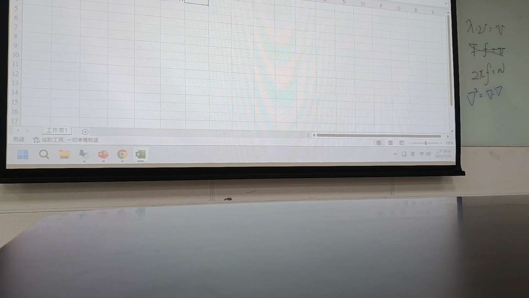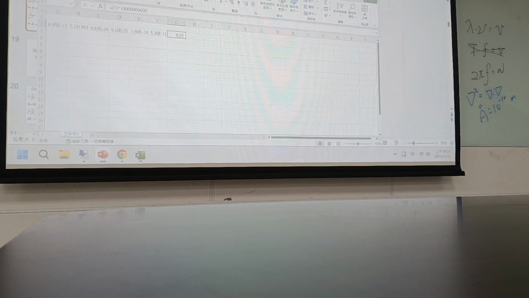So this is in meters. How do I convert meters to angstrom? An angstrom equals 10 to the minus 10 meter. So it equals 0.53 angstrom.